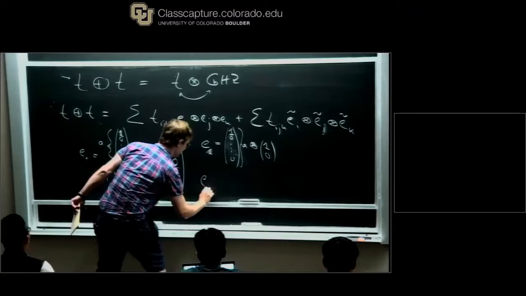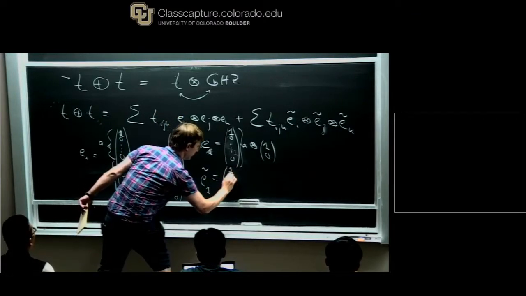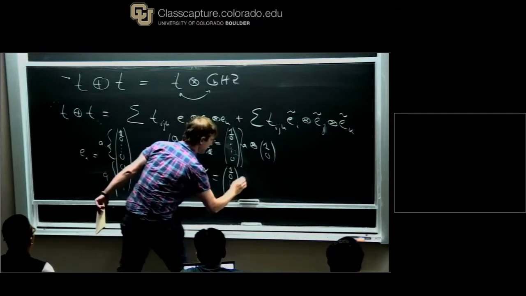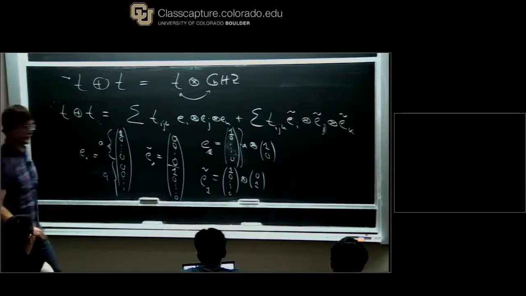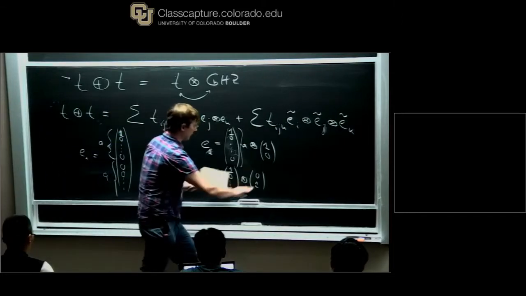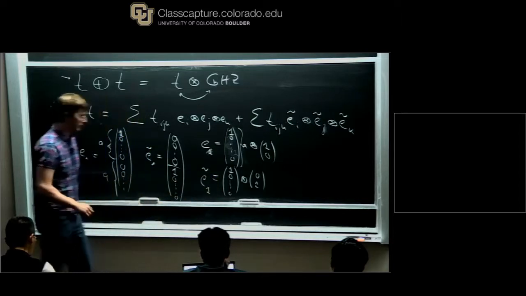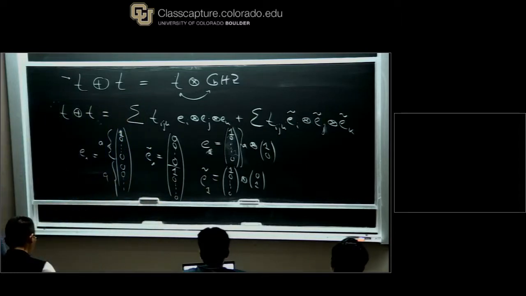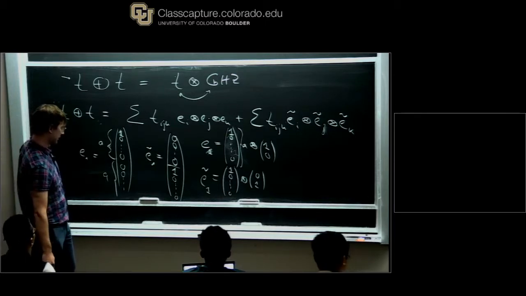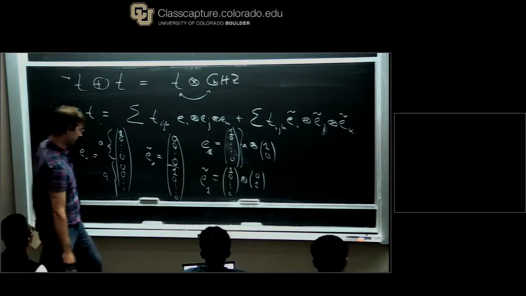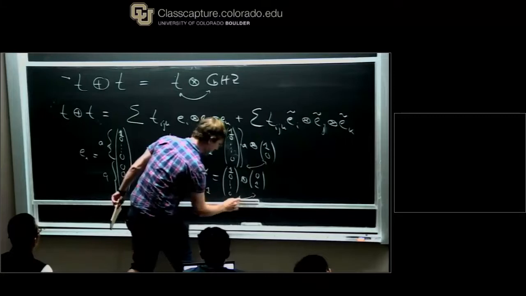And I can write e1 tilde as 1, all the zeros here, tensor 0, 1. And I could do it this way around, or I can do it the other way around. So I think it doesn't really matter so much. Maybe you want it the other way around, because then it conforms to this, I guess, better. Okay. If you want, you can swap them here.